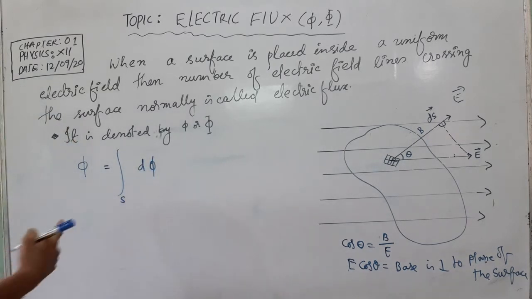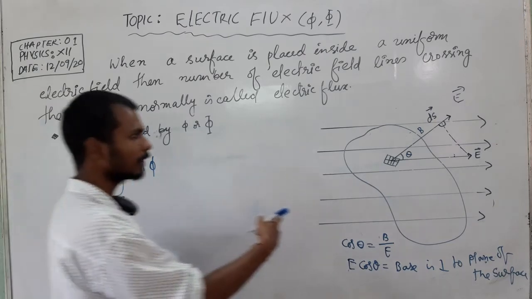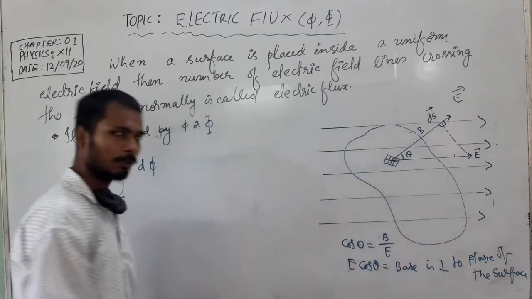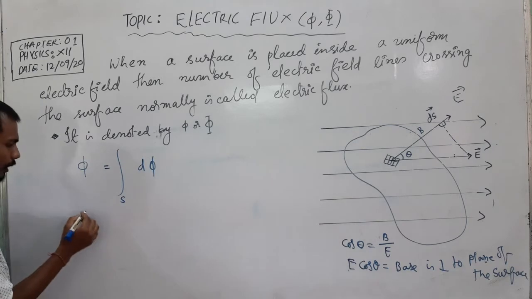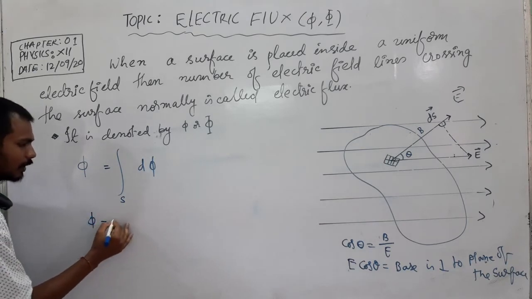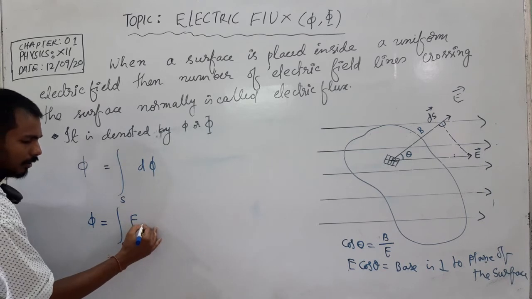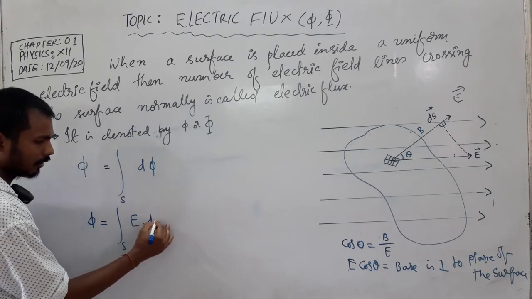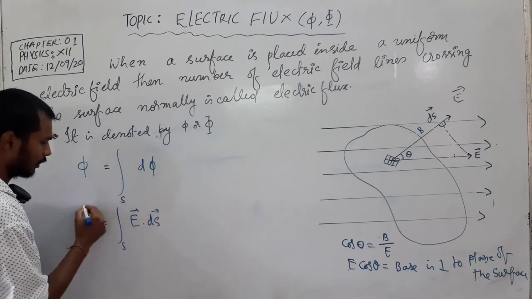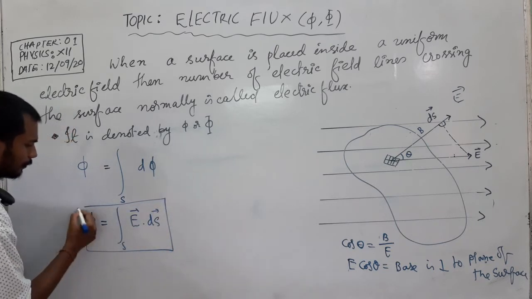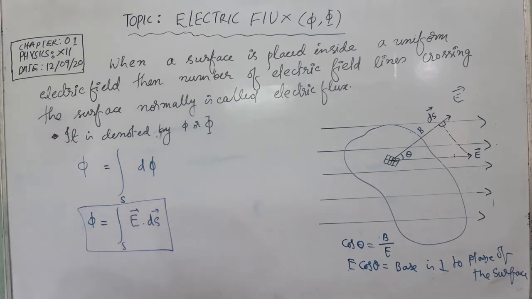When we take the surface integral of d phi, we get the flux through the whole surface. So phi is equal to the surface integral of E dot ds. Okay, this is the formula to find electric flux.